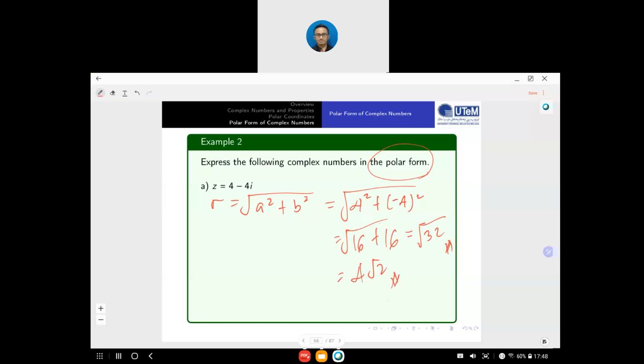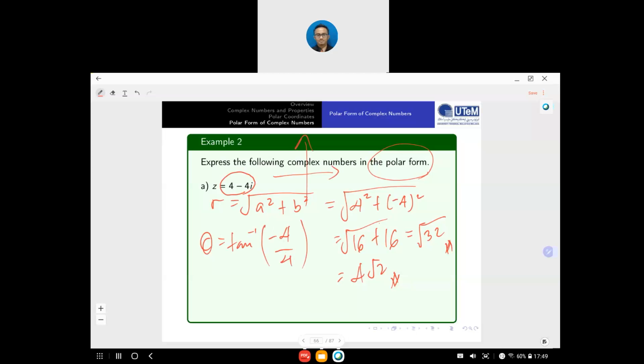When you want to draw, dia akan dapat macam ni. A goes to 2 and then up to 2. Tu sini A. Also same thing for B, but the imaginary part is negative. Imaginary part is vertical, so dia akan turun ke bawah.